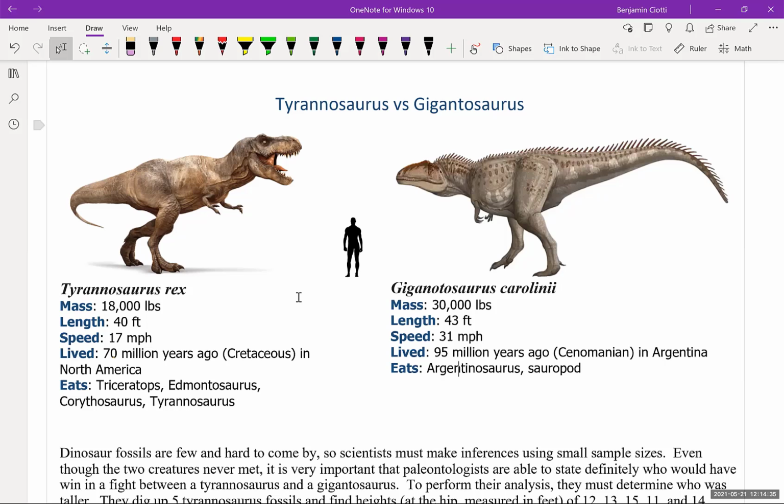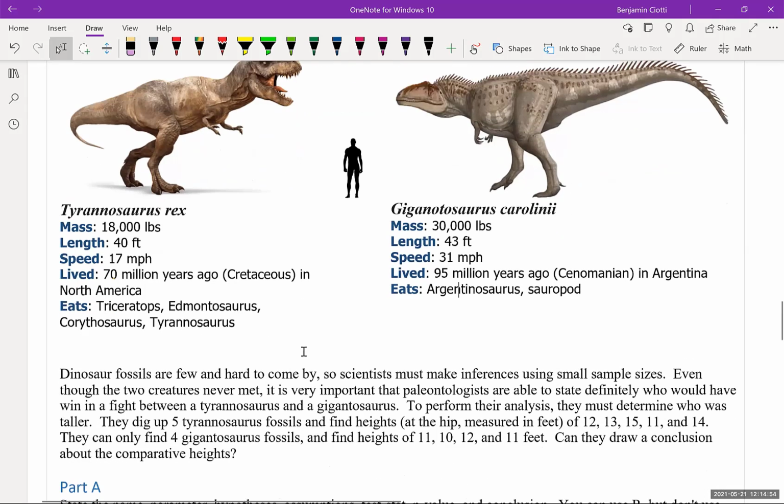So to answer that question, they go and dig up some Tyrannosaurs and Gigantosaurs. They dig up 5 Tyrannosaurus rexes. Oh, fun fact, Tyrannosaurus rex means king of the lizard tyrants, which is pretty cool. So they dig up 5 T-Rexes and 4 Gigantosaurs and get the following feet measurements.